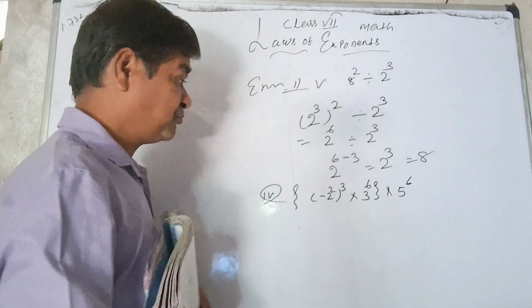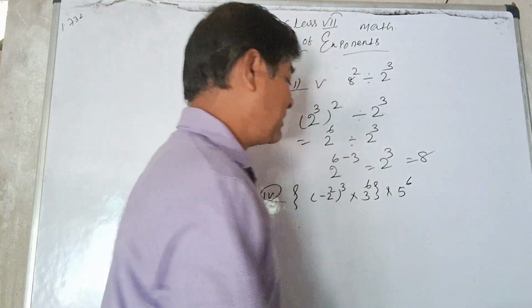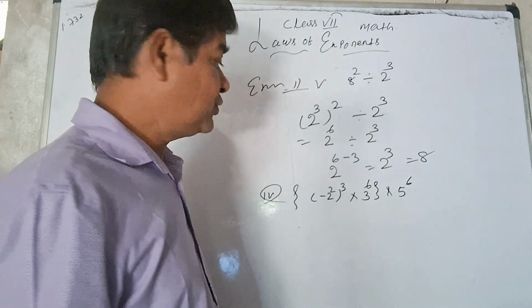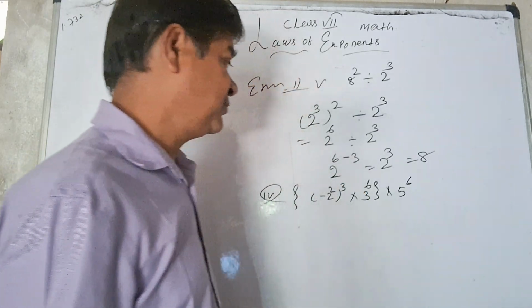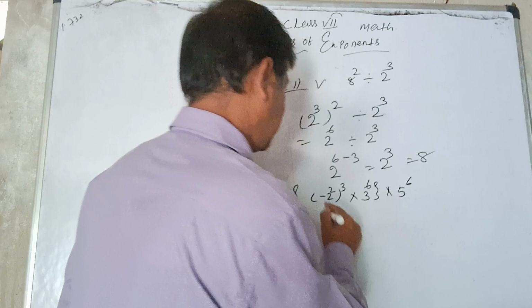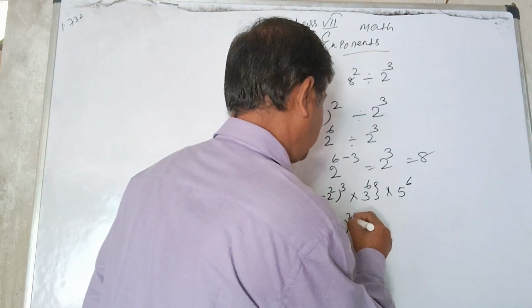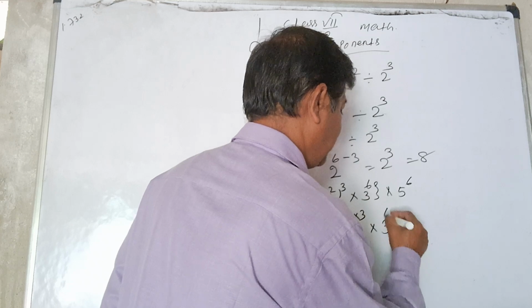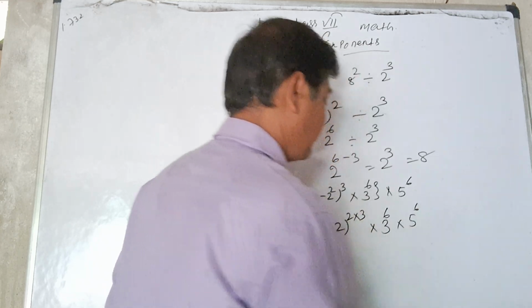Look here. Inside the bracket, the exponent is 2. Outside the bracket, there is 3. That means it will be minus 2 to the power 2 into 3. Similarly, it is 3 to the power 6 into 5 to the power 6.